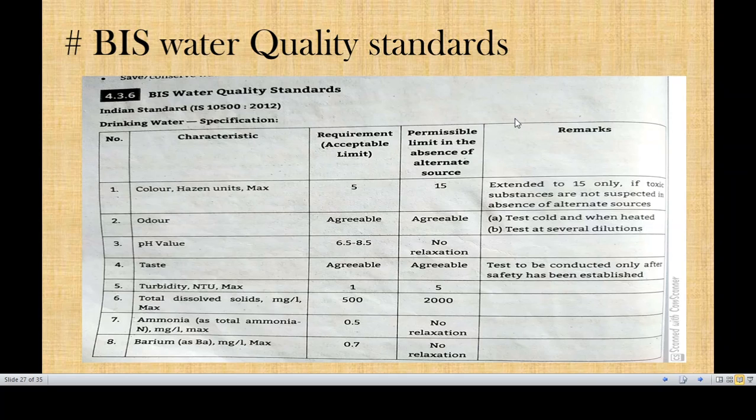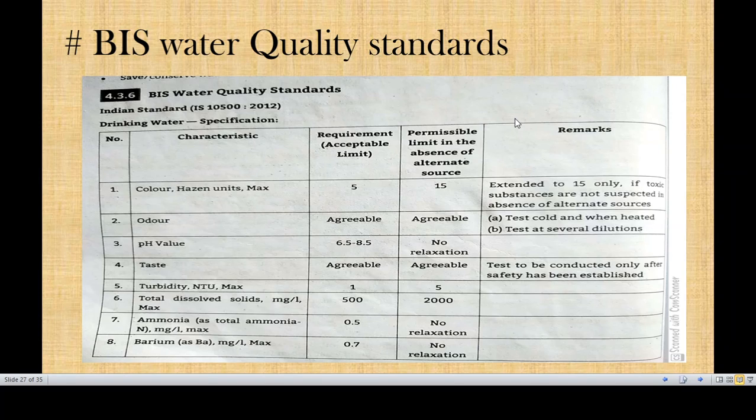Now let's understand what we mean by BIS first. BIS is working in each and every country, and in our country it is called the Bureau of Indian Standard. Mark this acronym or note it down: it is Bureau of Indian Standard.